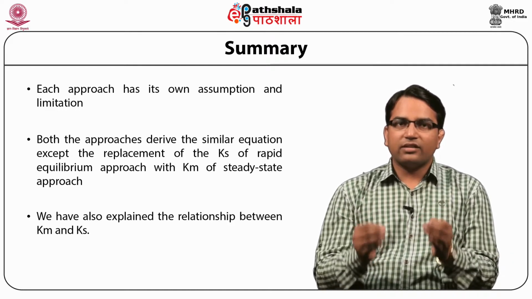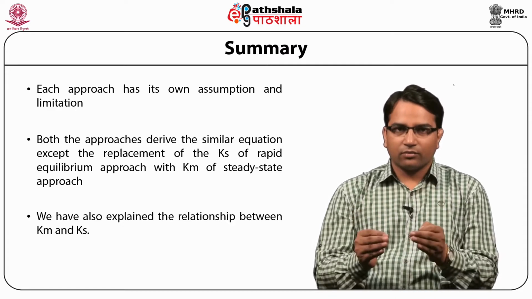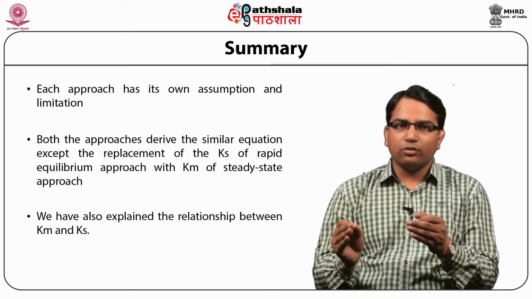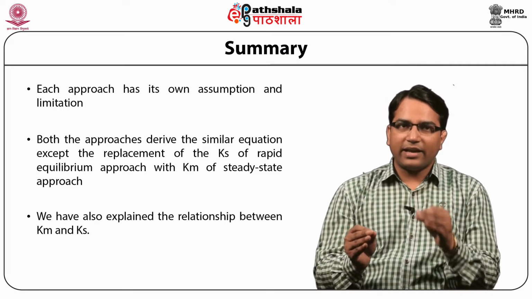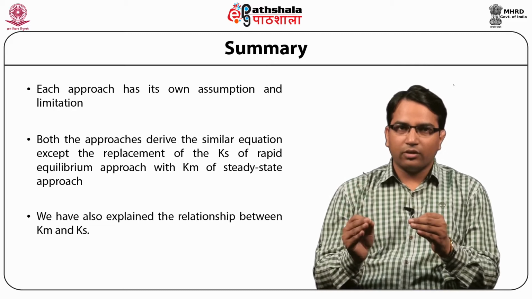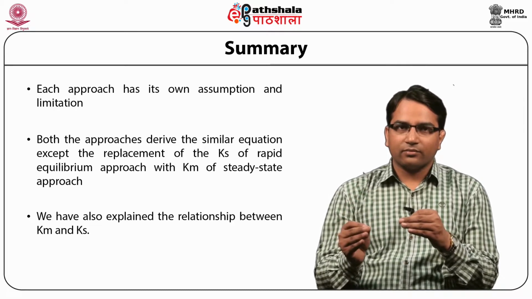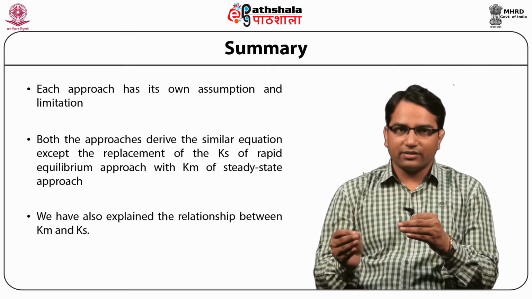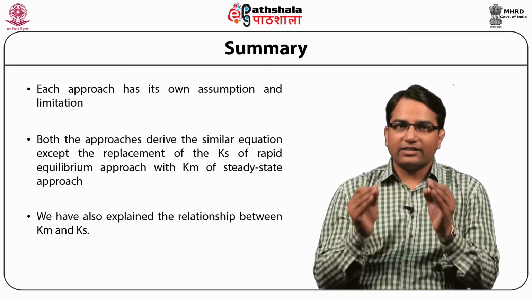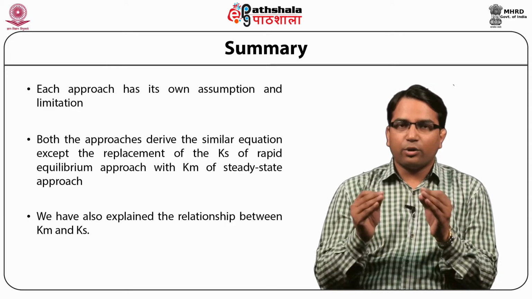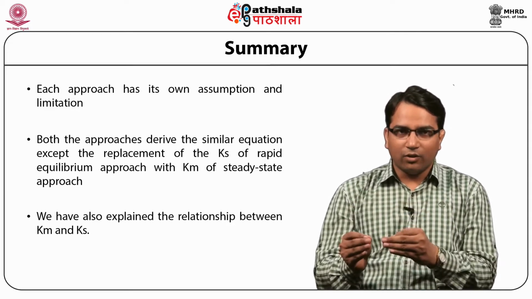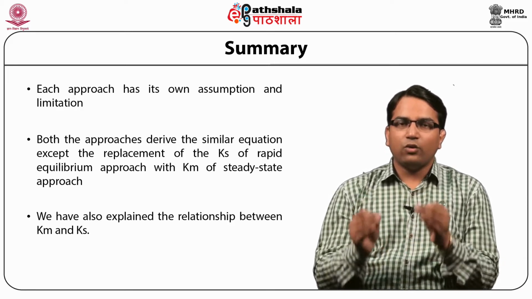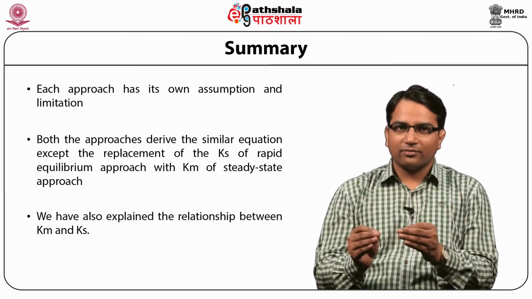While in the steady state assumption, we are assuming that K plus 2 is higher than K minus 1. Therefore, product formation takes place and it is very fast. So in the steady state approach, product formation is fast, while in the rapid equilibrium approach, we assume slow product formation.